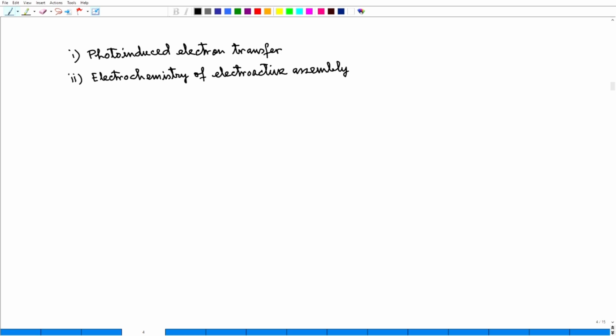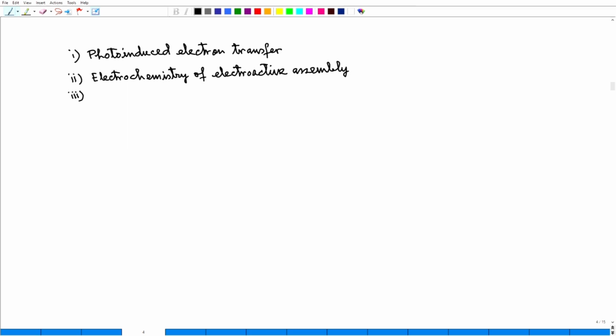So, that electron can be transferred and all that. And number 3 is conductance. So, these 3 are mechanisms based on which molecular wires have been assembled.